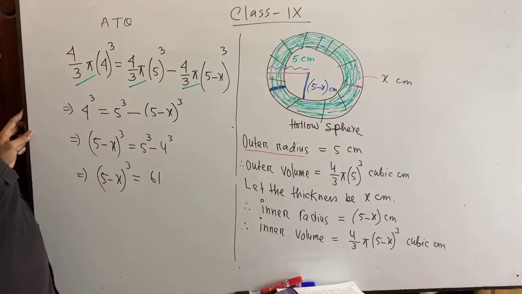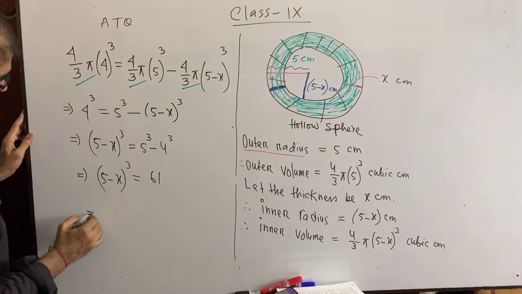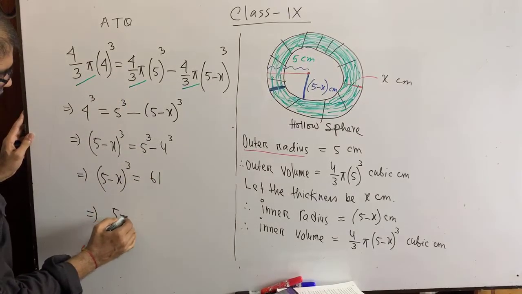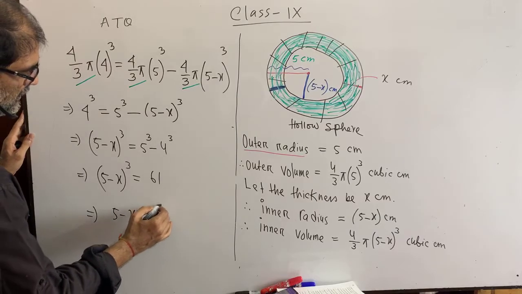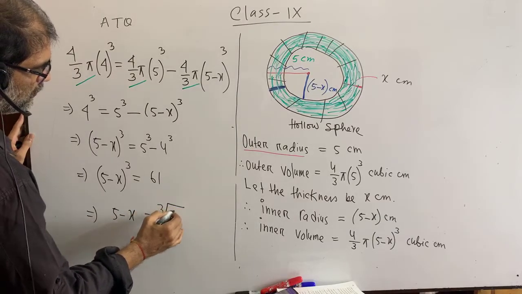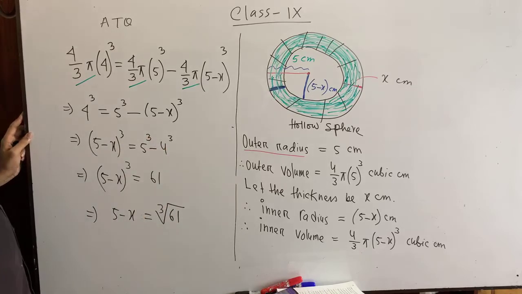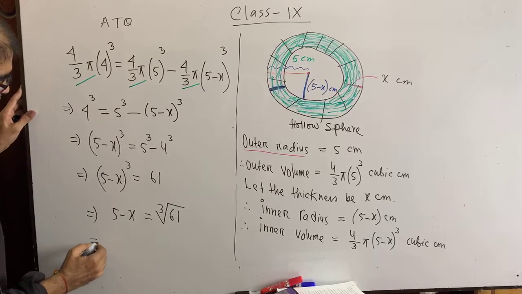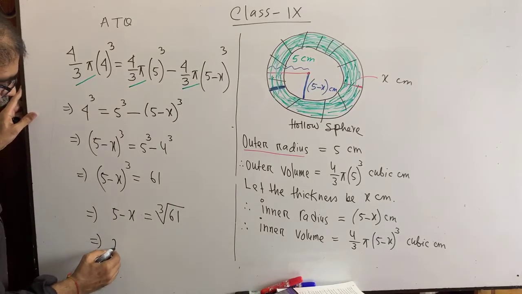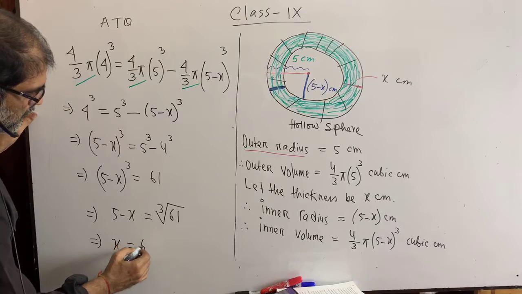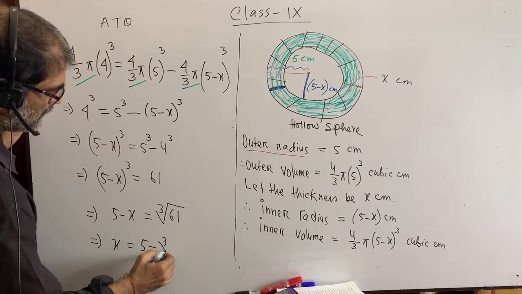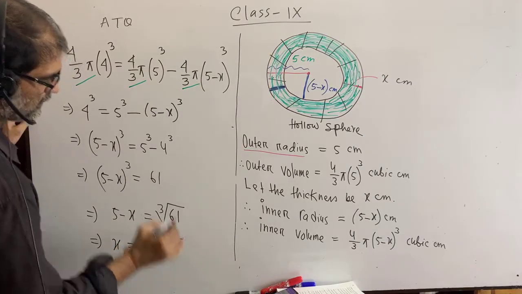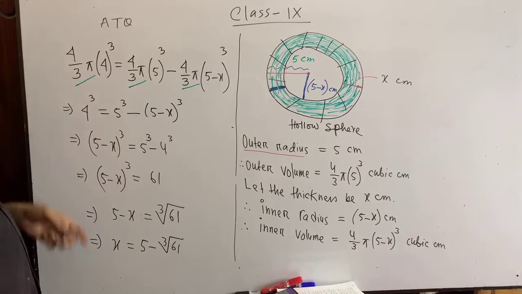Then 5 minus x is equal to the cubic root of 61. Now from here we can find the value of x is equal to 5 minus cubic root of 61. Now you will get the result.